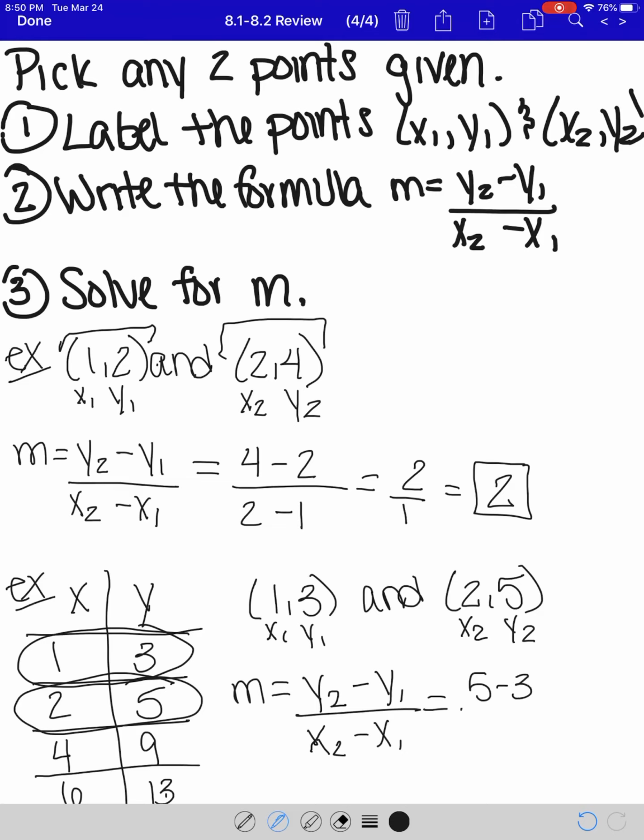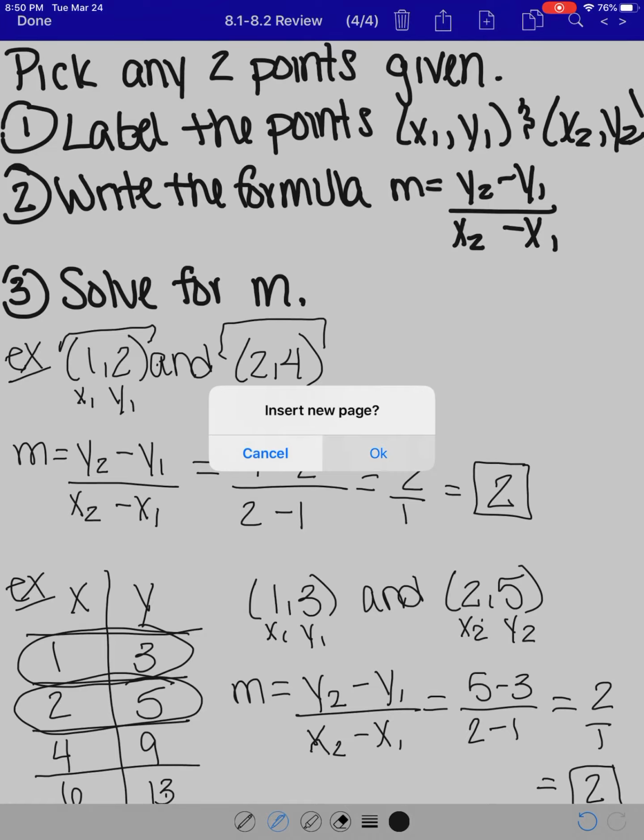Okay, so that is going to be 5 minus 3 over 2 minus 1. 5 minus 3 is 2. 2 minus 1 is 1. The slope for this one is also 2. Okay? So that's how we do it from a chart and how we do it from 2 points.